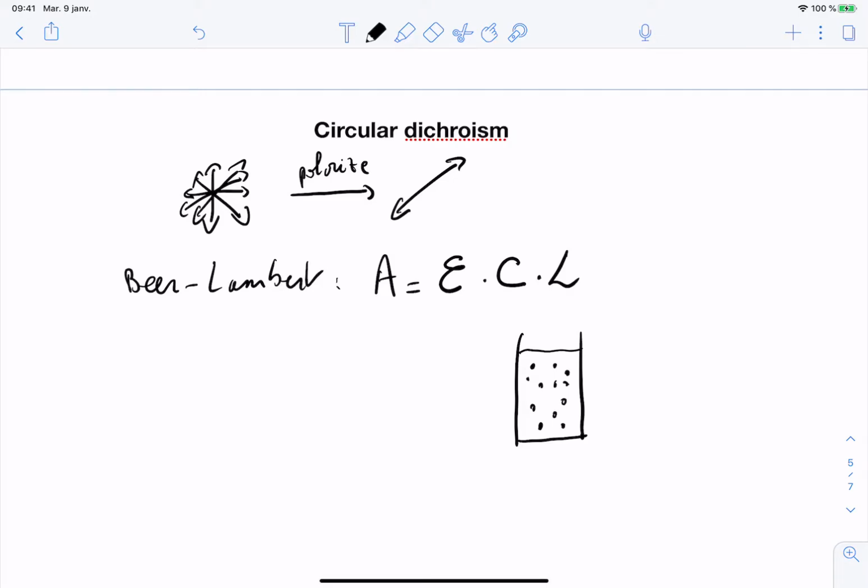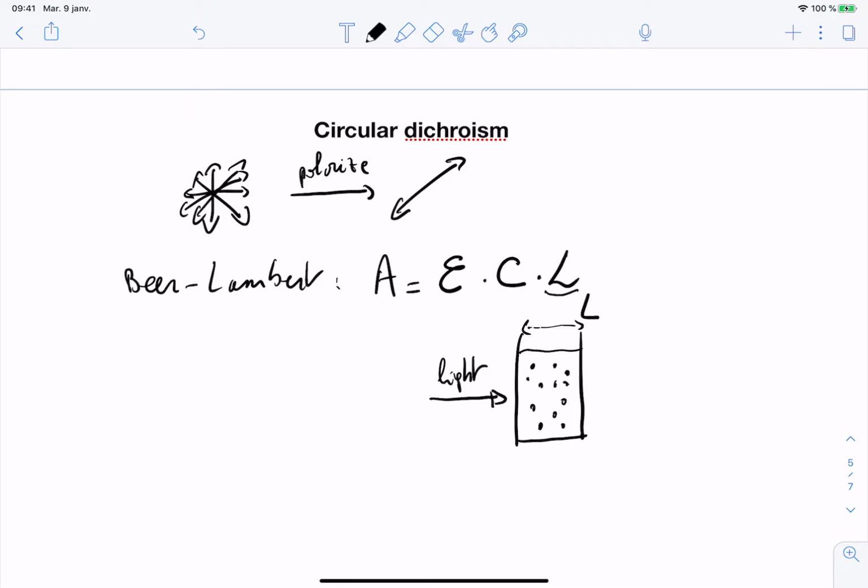Here you have a light, and what you will measure is the absorbance of the different protein molecules here, and how the light will be absorbed by the proteins in solution. And here L is the length of the optical path, sorry.